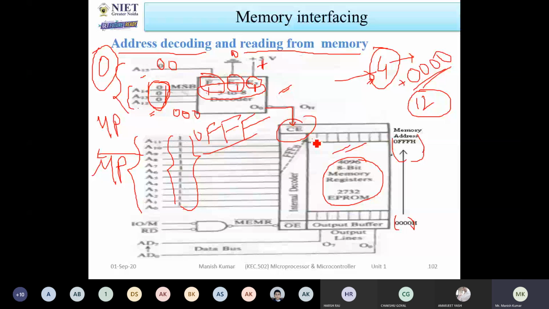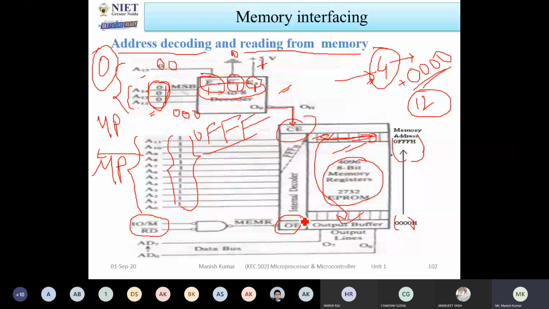So for the case of reading, what will happen? The data available in that location will be transferred to the output buffer. Okay. When the read signal is activated, what will happen? Output enable pins are activated and you can get the output from the output buffer.